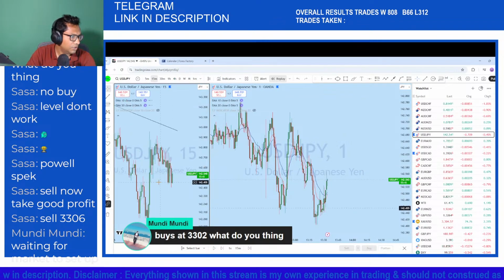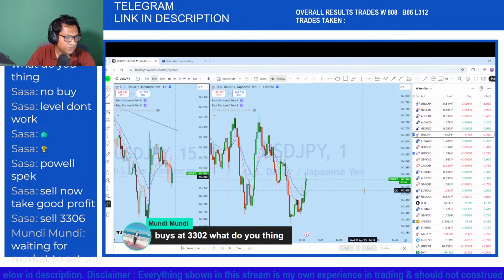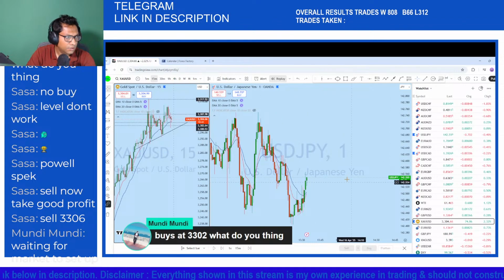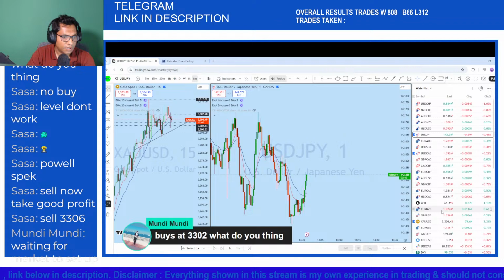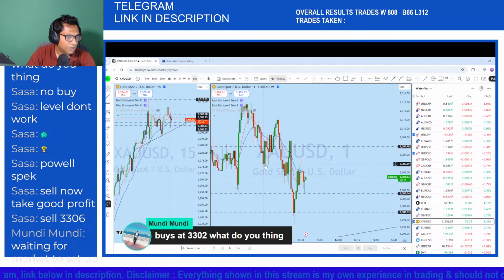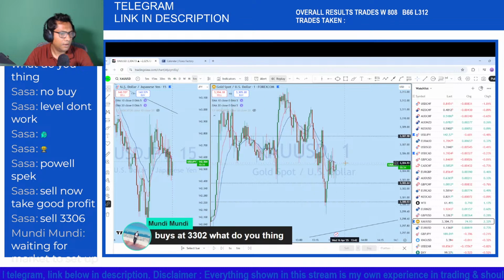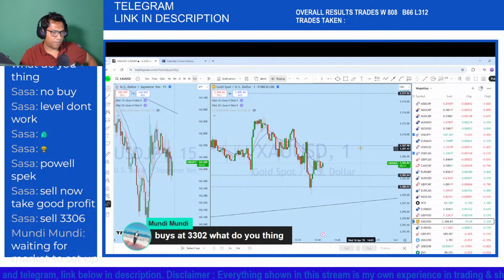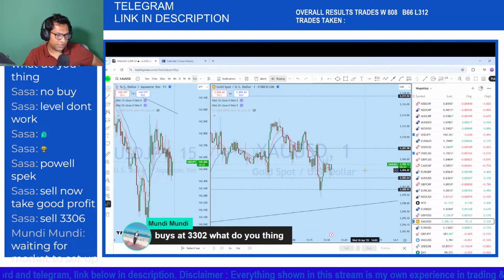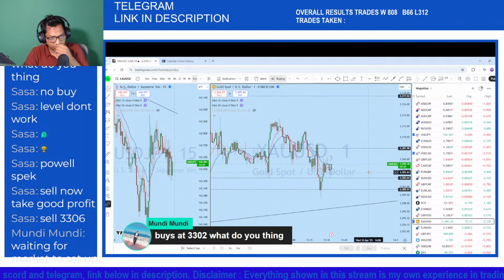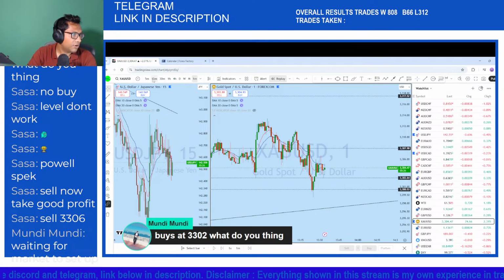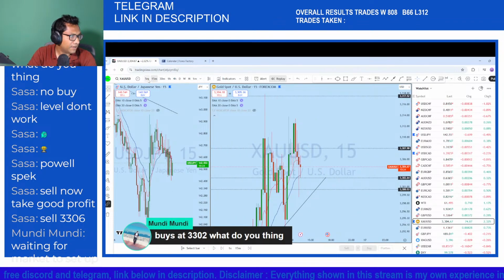So we are looking to find entry on XAUUSD, for dollar yen is here, and from that place here on dollar yen, on XAUUSD, we can see the market slowly trying to move back to the upside.